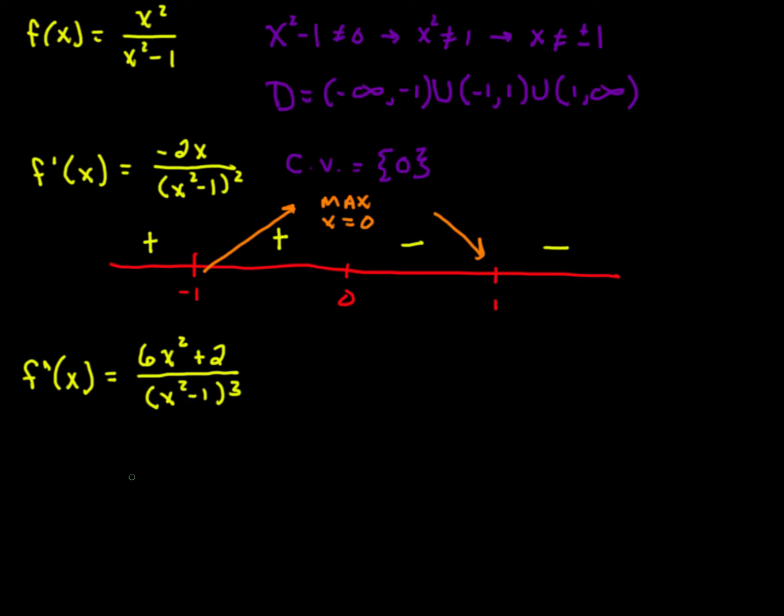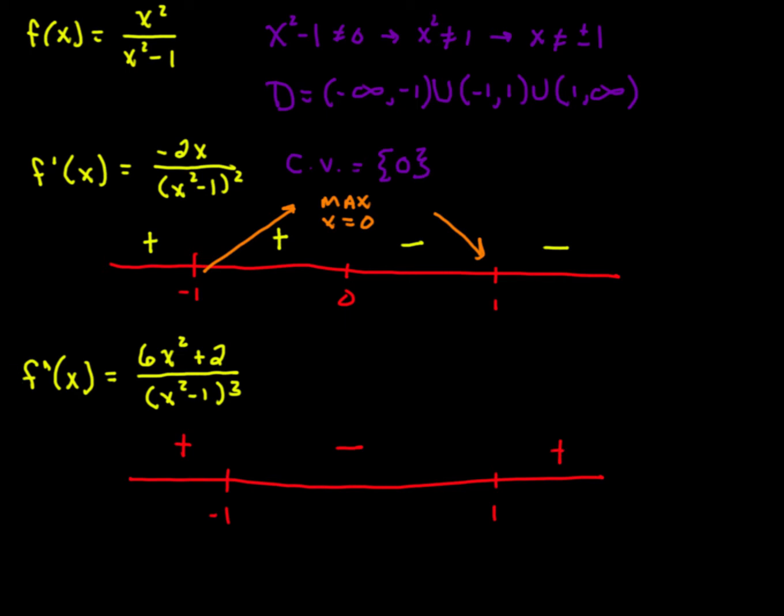So I'll look at the sign graph for the second derivative. It's -1 and +1. And if I am less than -1, this will be positive. If I'm between -1 and 1, it'll be negative. And if I'm bigger than 1, it'll be positive again.